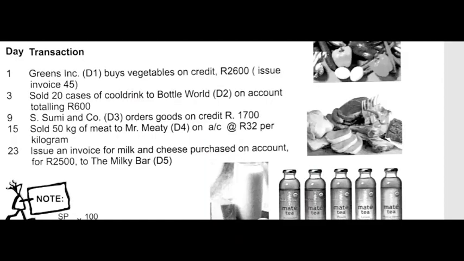Then let's go back to the transactions. On the 15th, we sold 50 kilograms of meat to Mr. Meaty, debtor number 4, on account. A/c stands for account. So once again, they're not paying immediately. They are one of our debtors at 32 Rand per kilogram. So you would have to calculate your total selling price by saying 50 kilograms multiplied by 32 Rand per kilogram.